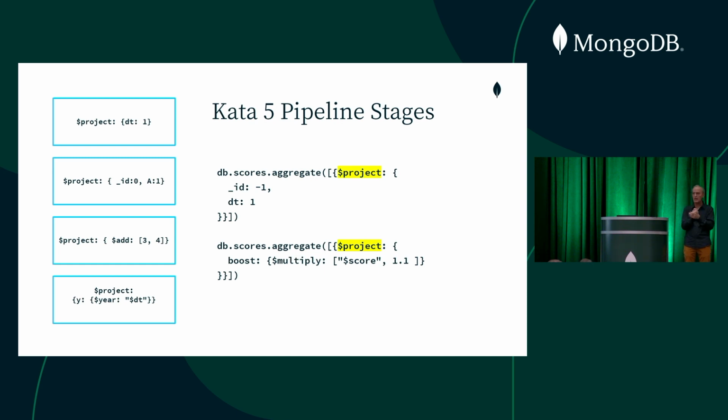You can do simple math because it's only within one document, right? If it's cross-document computations, I have to use group by. But for simple math, I can use project. So it lets me rename fields, suppress fields, meaning not emit them, or invent new fields, taking some values and creating a new field. So that's project.